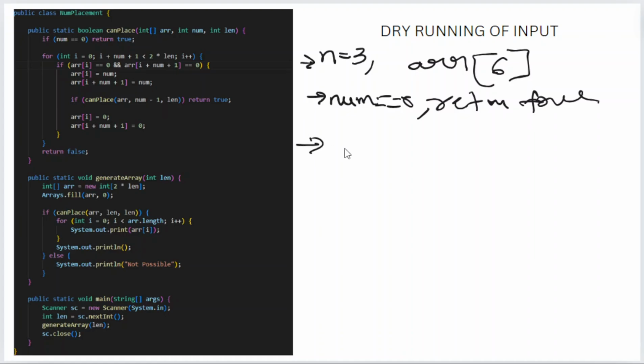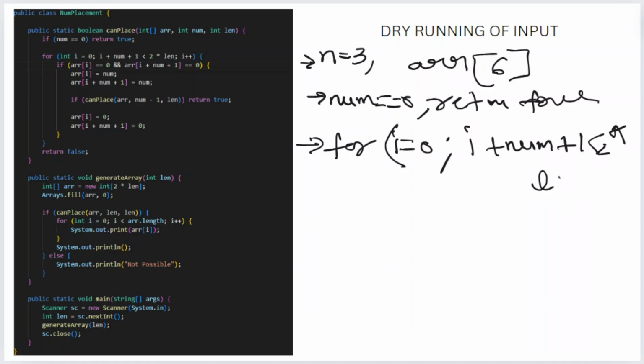This is the base condition we should keep. And the next loop that is running is for i equal to 0, running till i plus num plus 1 less than 2 into len. So let's see what is i, what is num, and why we are doing this increment. i is the current iteration, the index where we will try to put our element.